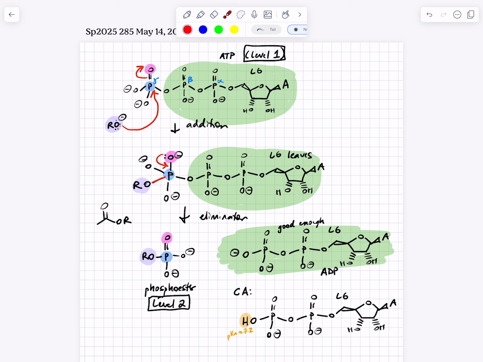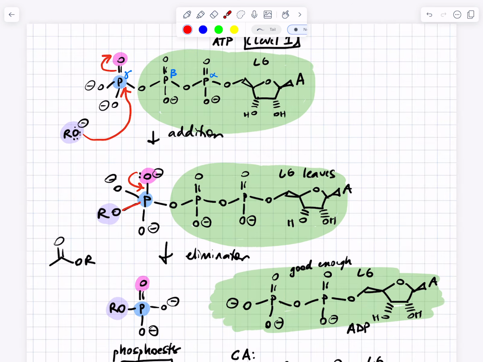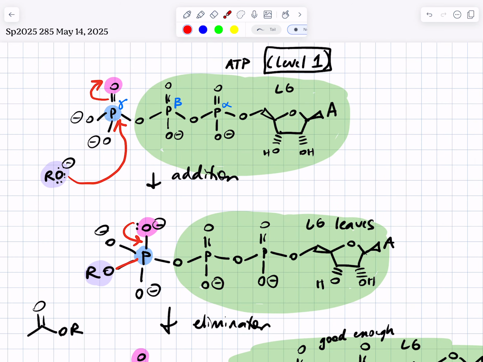If you look carefully at the starting materials, intermediates and products, you will be able to tell what the leaving group is because it leaves. Once you get that experience, you'll get used to looking at something like ATP and saying, if somebody attacked that phosphorus, everything over here could be a good leaving group.